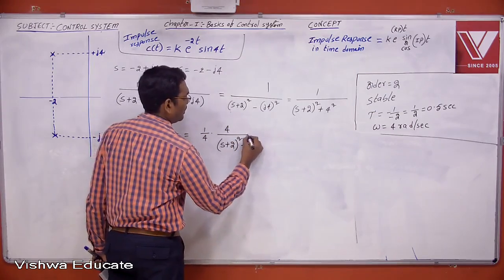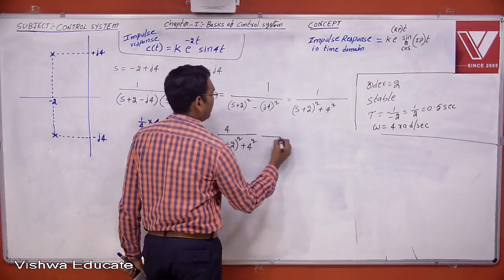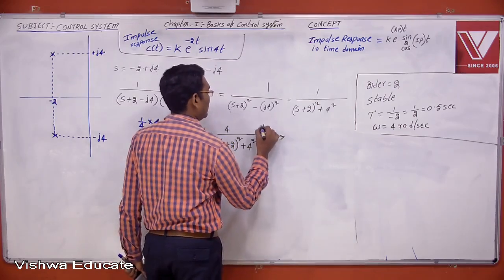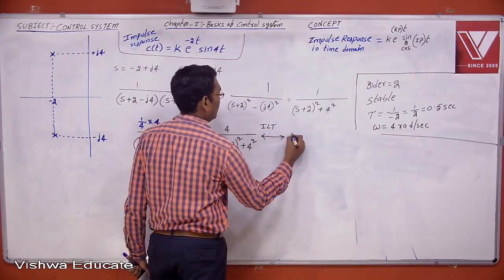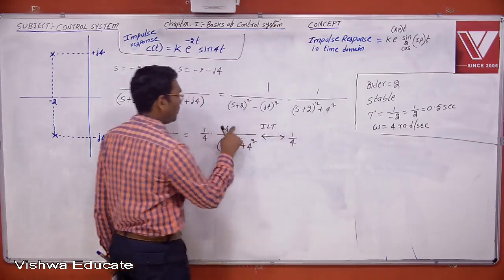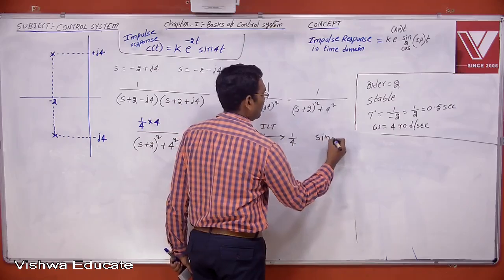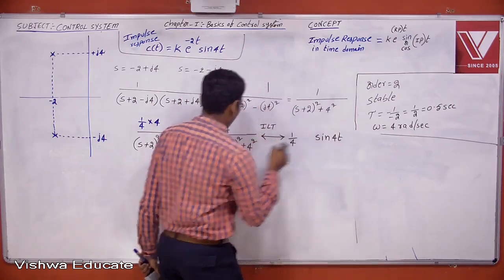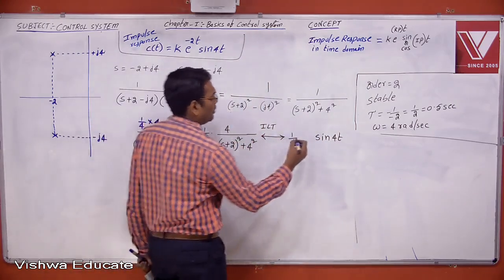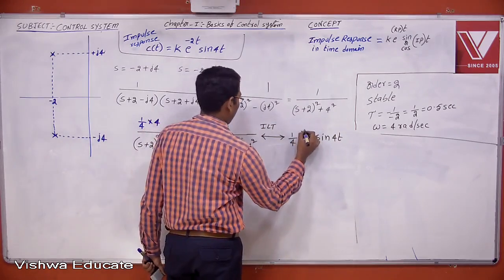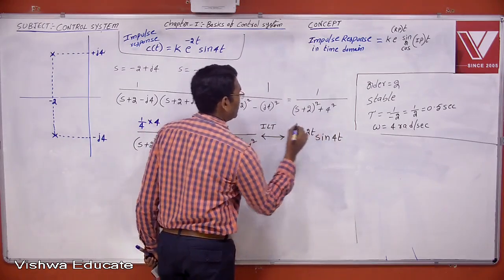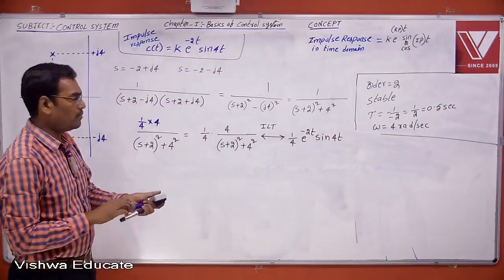If I apply the inverse Laplace transformation, 1 by 4 is constant, b by (s square plus b square) is sine bt, and in place of s, it is s plus 2, which gives e power minus 2t. This is the general and standard procedure.